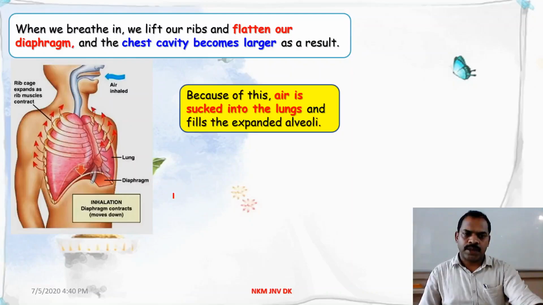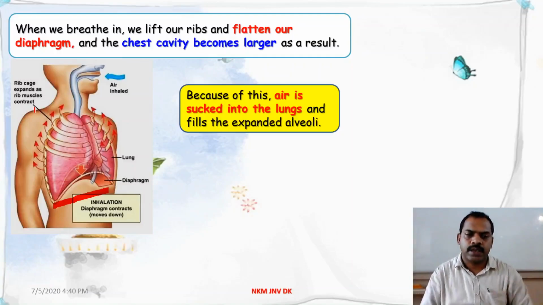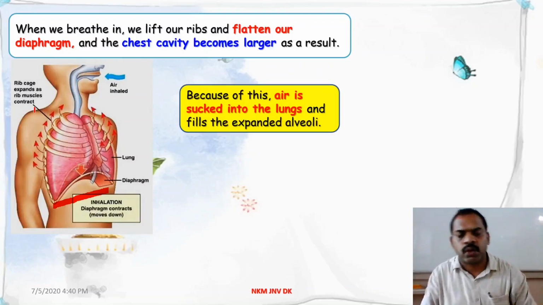Now what is happening? The diaphragm is flattening, which means the diaphragm here will become like this. The ribs are going up and front, expanding. So what will happen? The volume is increasing in the thoracic cavity.